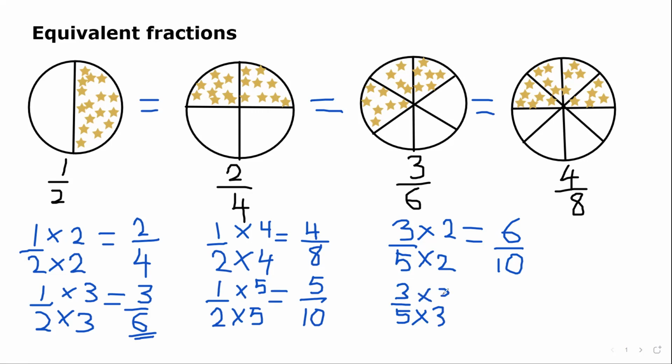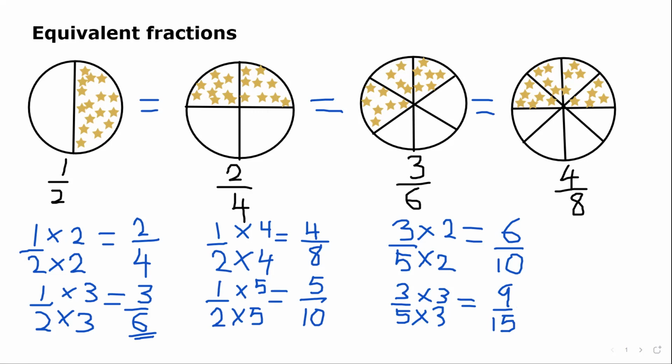Okay, when you pick 3 here, 3 times 3 will give you what? 9. And then 3 times 5 will also give you what? 15. Okay, so which means that 9 over 15 here is also equivalent to what? 3 over 5. Okay, good.